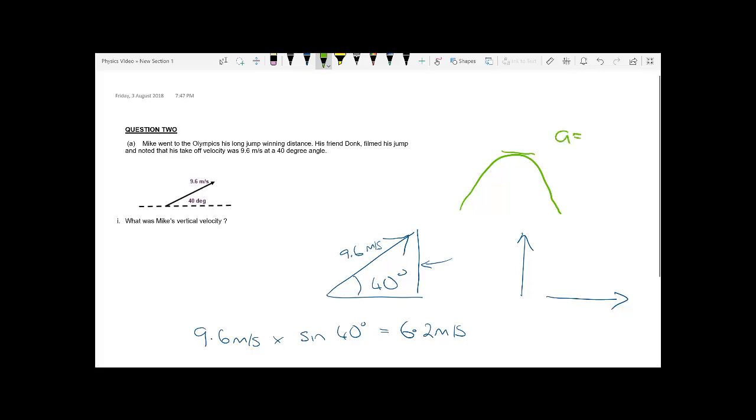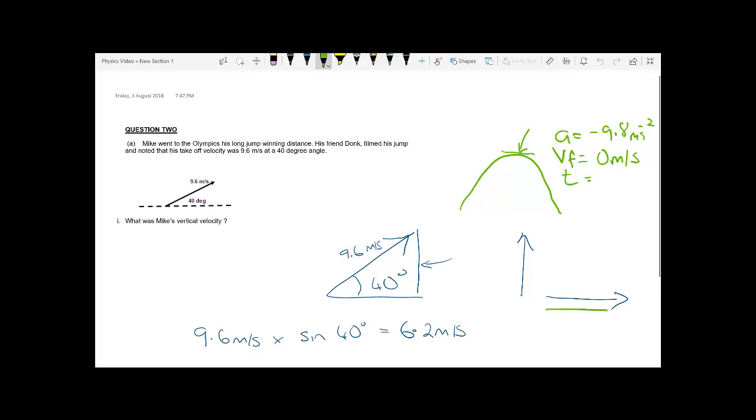The acceleration would be equal to negative 9.8 meters per second squared, and the final velocity, which is the velocity at the peak, would equal 0 meters per second, and the time in flight would be the time it takes to get to this peak here. So there's a lot of other things that we can work out.